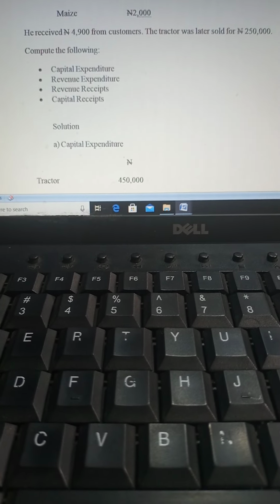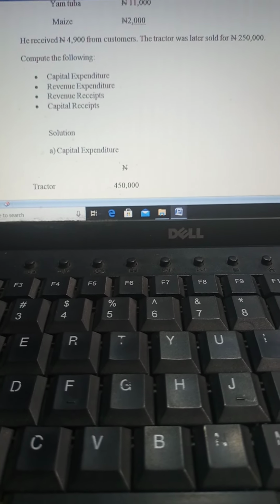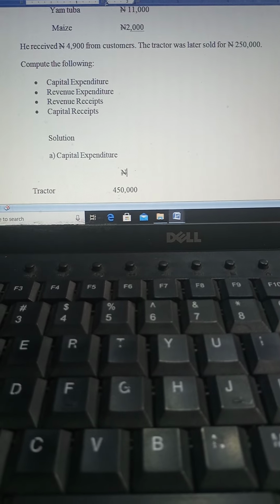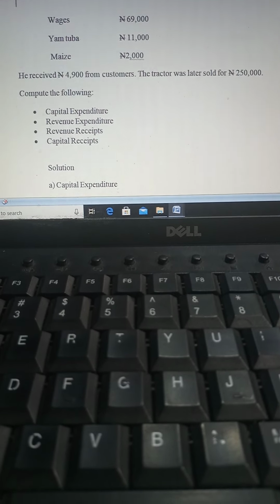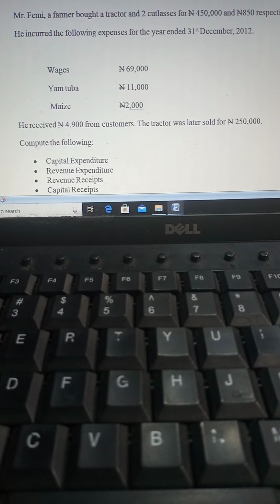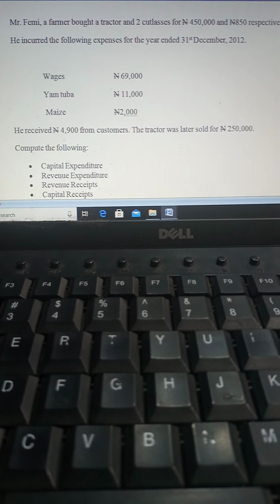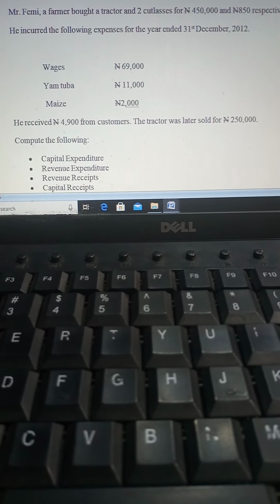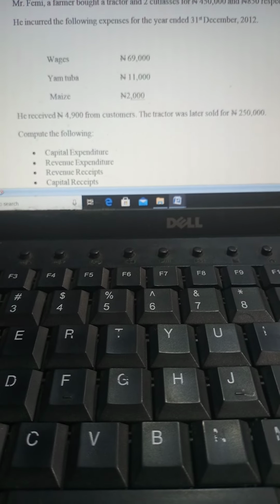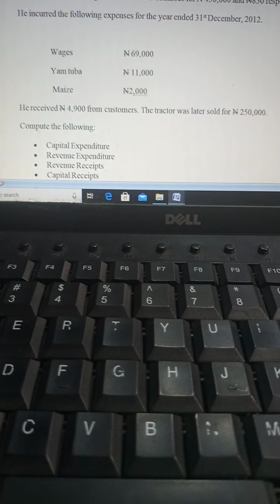So let's go back to the question now. Let's check the question very well. He received 4,900 naira from customers.